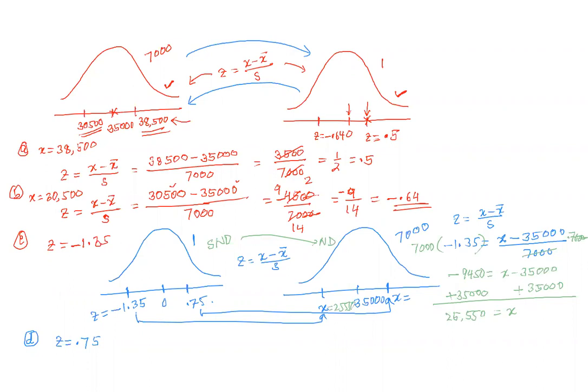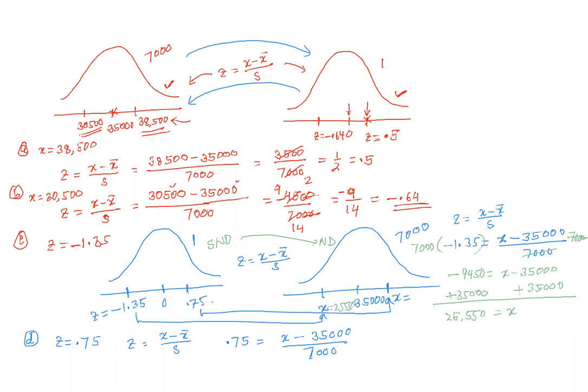So we are going to do the same thing. Z is equal to x minus x bar divided by s. Z is 0.75, equal to x, which is what we are looking for, minus x bar, which is 35,000, divided by 7,000.